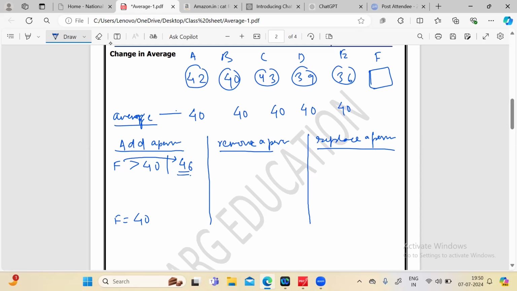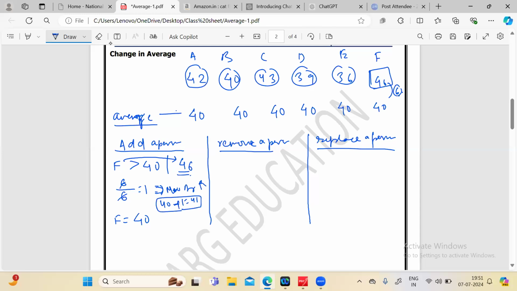What will you say? Increasing. Why? Because if we put 40 in the place of F, then F has 46. So I'll have 6 extra from F, which we need to distribute among all the 6 people. So the extra part will be distributed to all the 6 people, which is 1. And the new average will increase: 40 plus 1, 41.